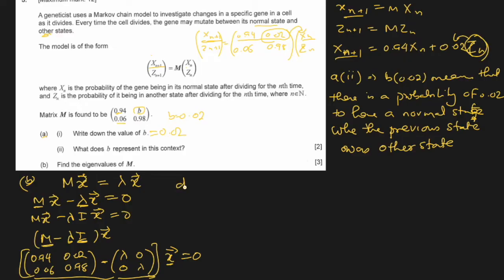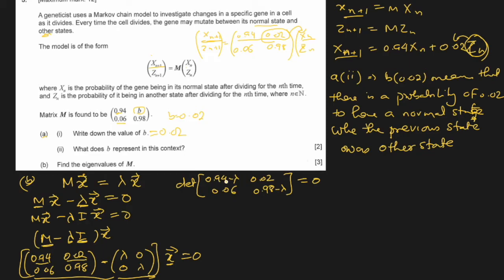So determinant of, what is this? 0.94 minus lambda, 0.06 minus 0, 0.02 minus 0, and 0.98 minus lambda, is equal to 0.